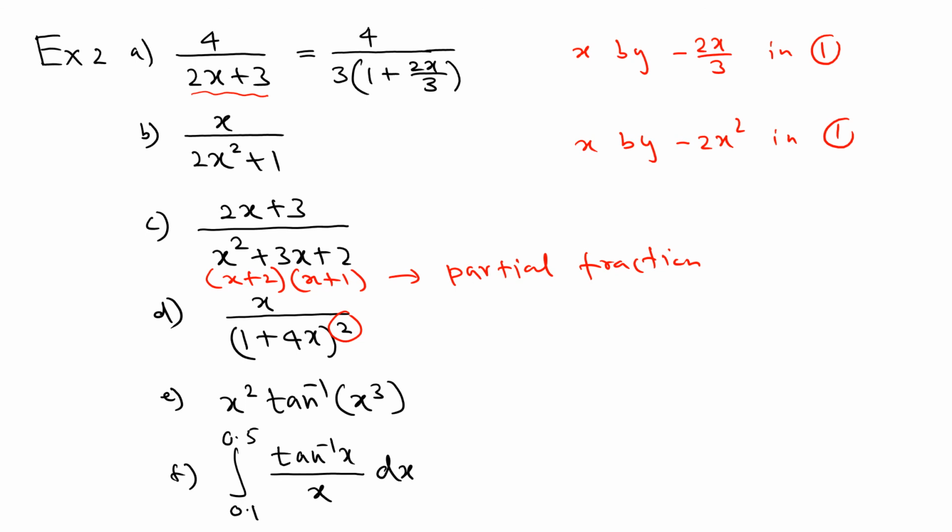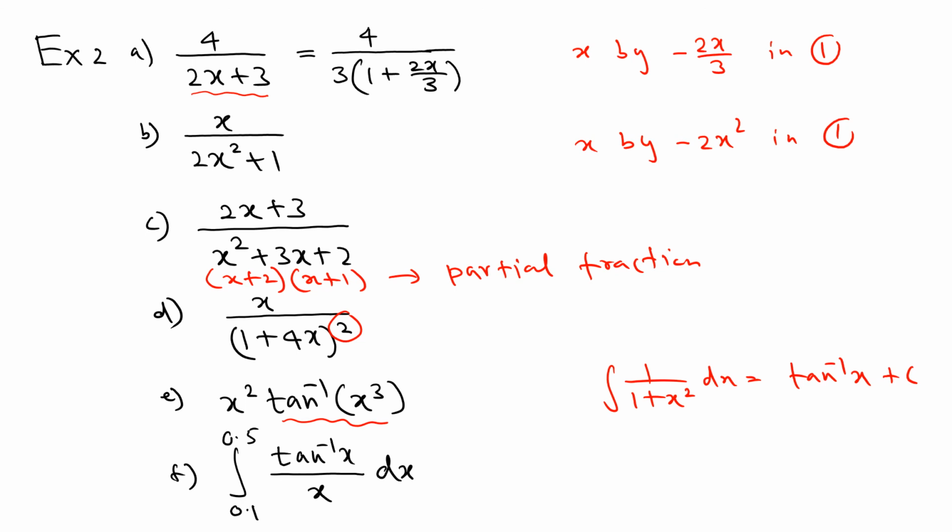The fifth one is really interesting. You're going to see a tan inverse of x cubed term. The starting point for these kinds of problems is this observation: if you take the integral of 1 over 1 plus x squared, this is simply tan inverse x plus c, and you can find the c as we did before. You can plug in a value, for example x equals 0, and then find c.